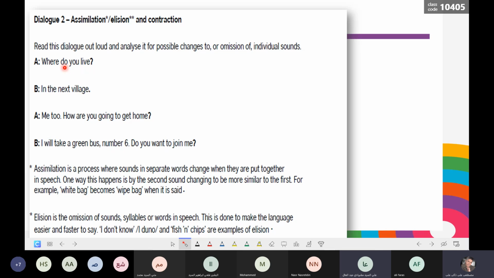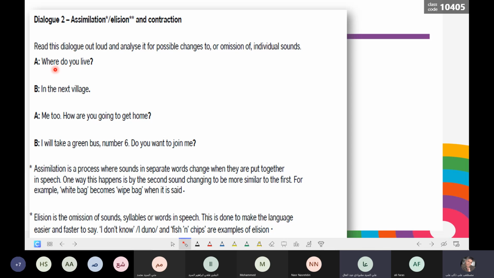But here we have "do", so we can say "where do ya live?" And why do you say "ya"? It's "you". I think when we say it as native speakers, they change it to "ya". Could you read the question as a whole? Okay, where do you live? Do you live? Yes, it's not "do ya".